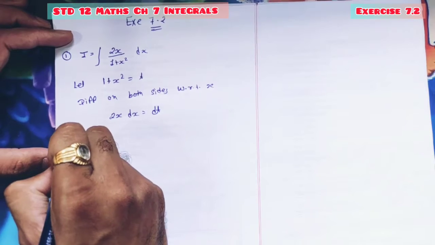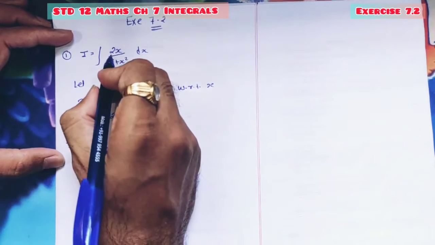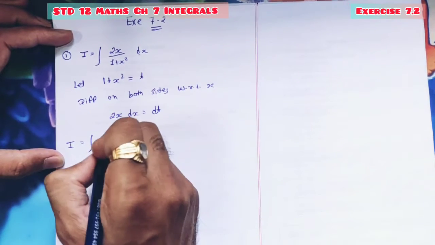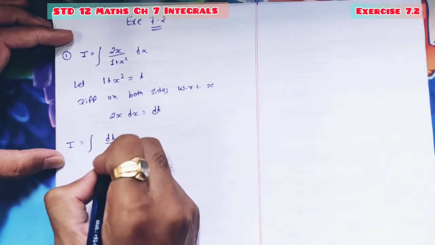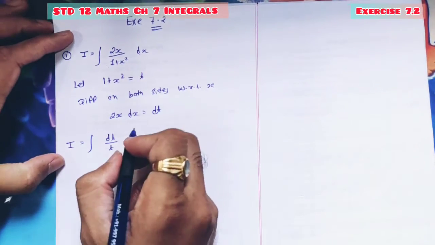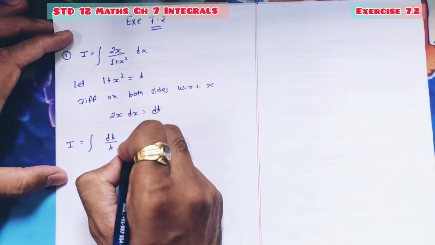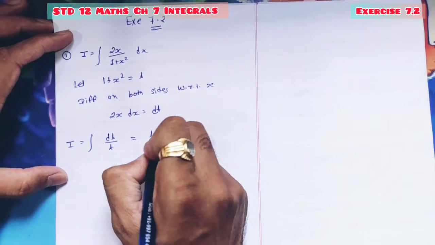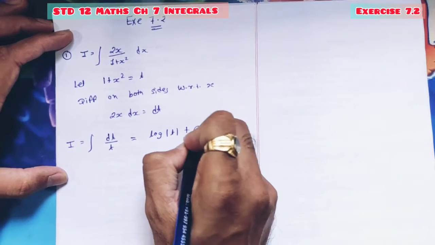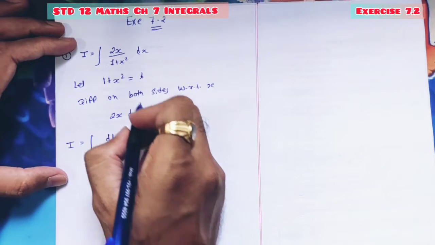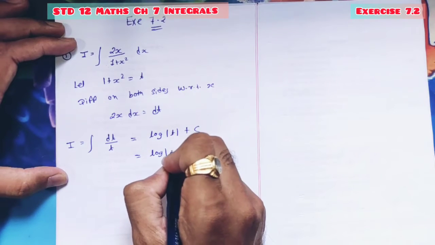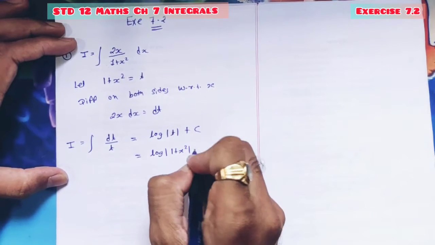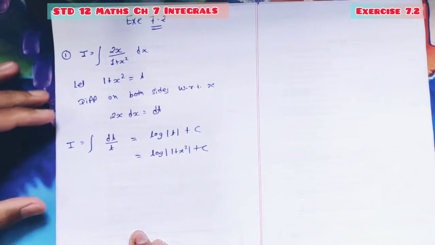So now we are getting our integration: 2x dx is nothing but dt, and 1 plus x square is nothing but t. So this is basically 1 upon t dt. So its integration is log mod t plus c, and t is 1 plus x square. So our answer is log mod 1 plus x square plus c.